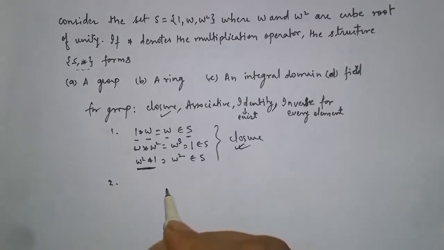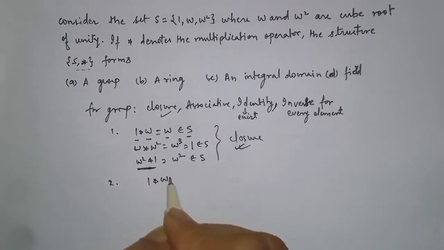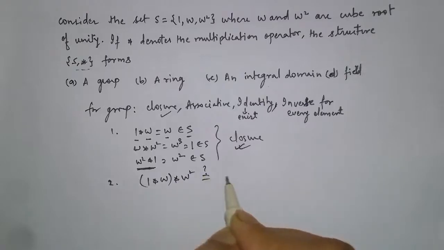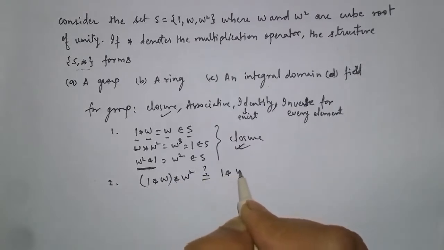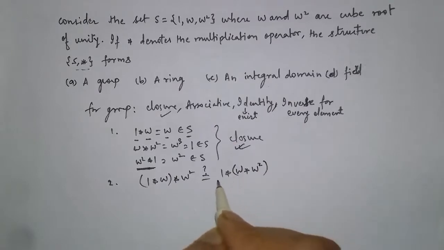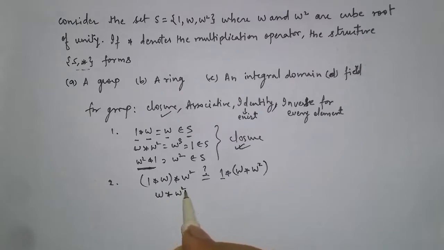Second, we will check associativity. Associativity means (1 star omega) multiplied with omega square, whether it is equal to 1 star (omega multiplied with omega square). Whether they both are equal or not. Let's check. 1 into omega is omega, into omega square is omega cube.